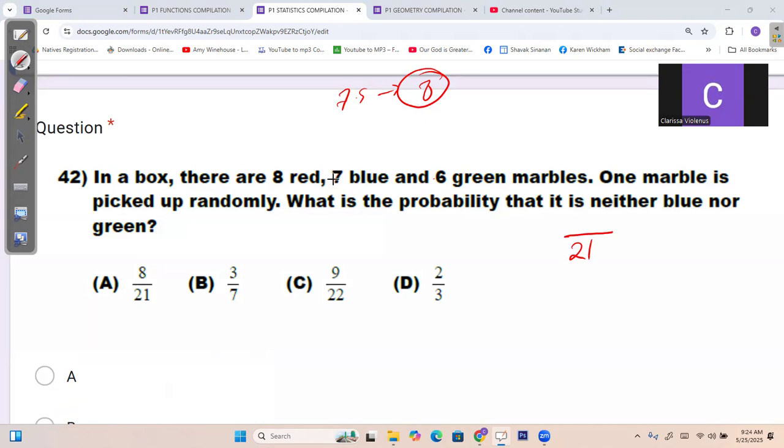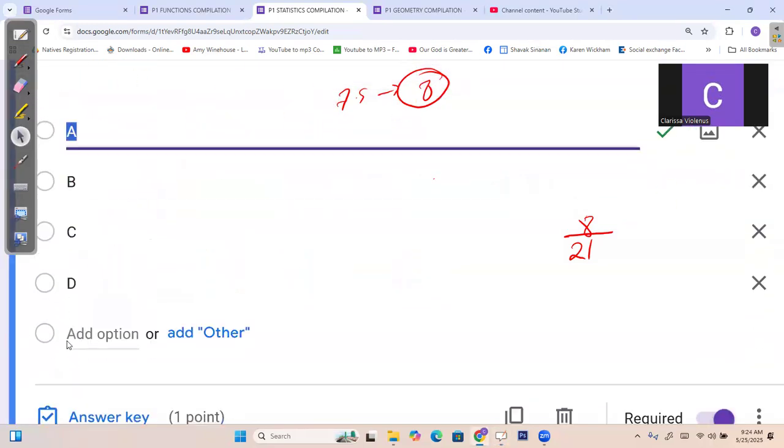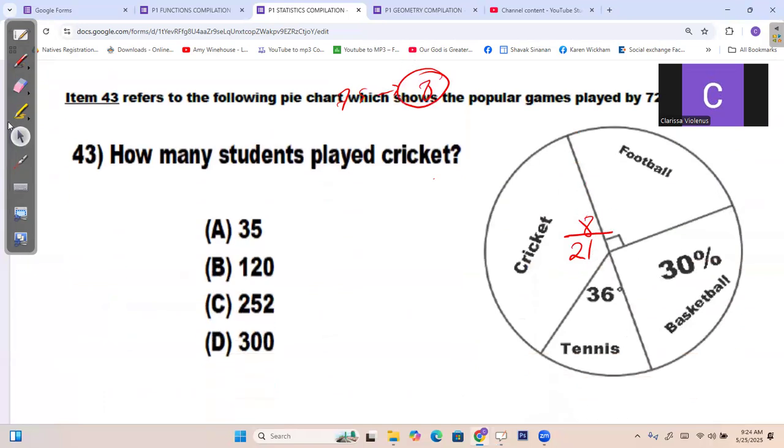So if it's not blue nor green, that means it's red. So that means it's 8. So that's A. Wow. There we go.